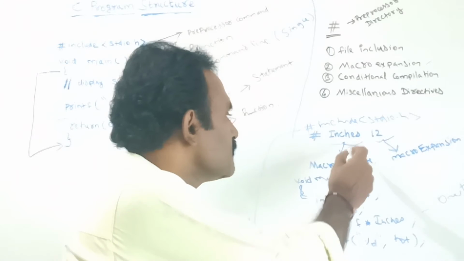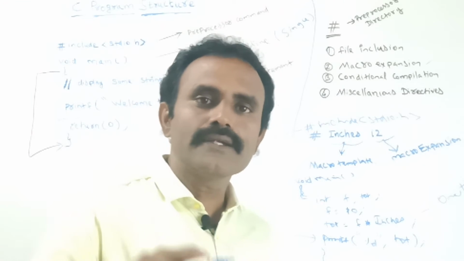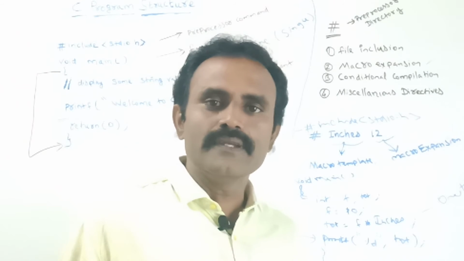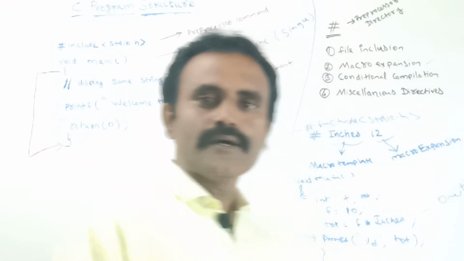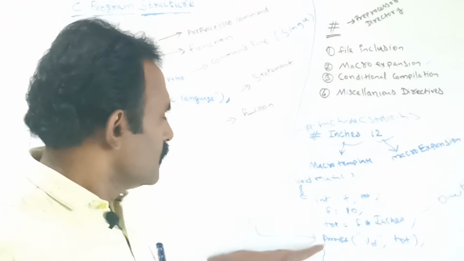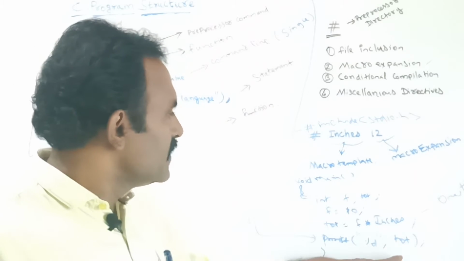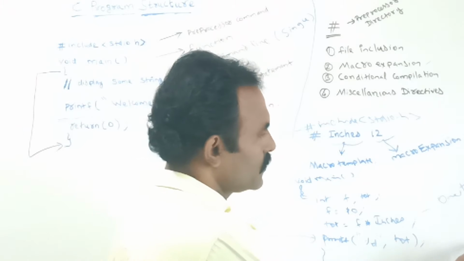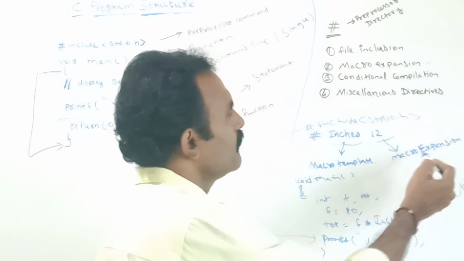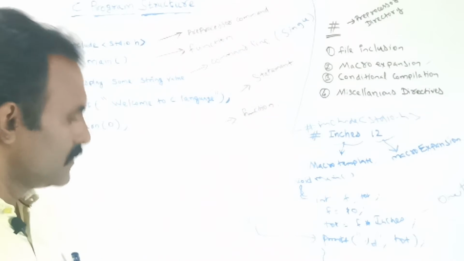Whenever we call this macro template, the corresponding value will be accessed by defining this macro template. So the output will be 120 inches. This is the simple example for the macro expansion.